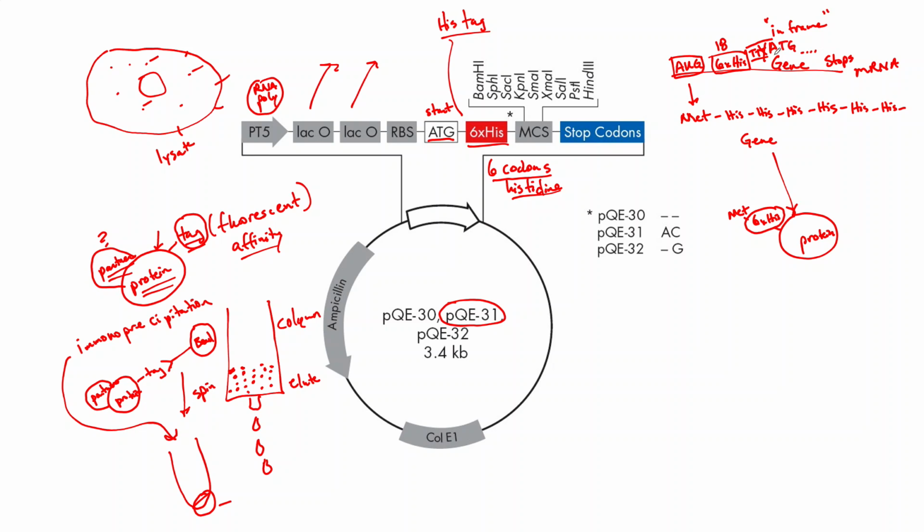Your gene is supposed to be read ATG, not TTA, TG, and so on. So if you included any flanking sequence in your PCR product, when you clone your gene into pQE31, you have to make sure that there is a multiple of 3 bases between your His tag and your start codon, so that this mRNA is read in frame.